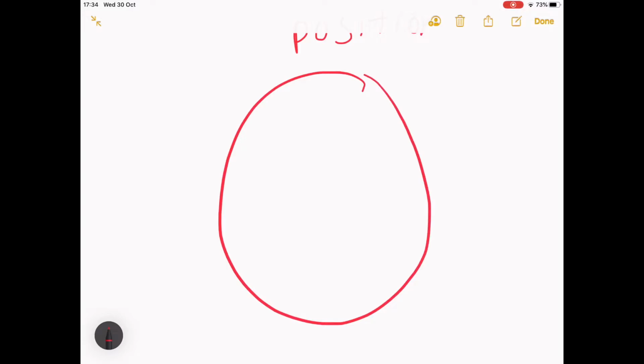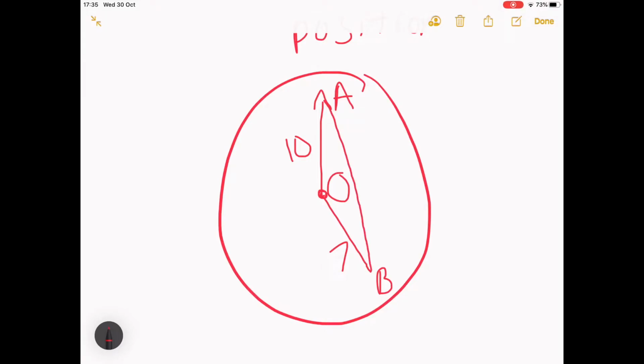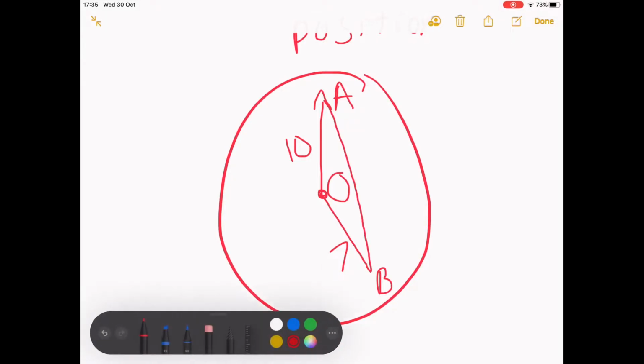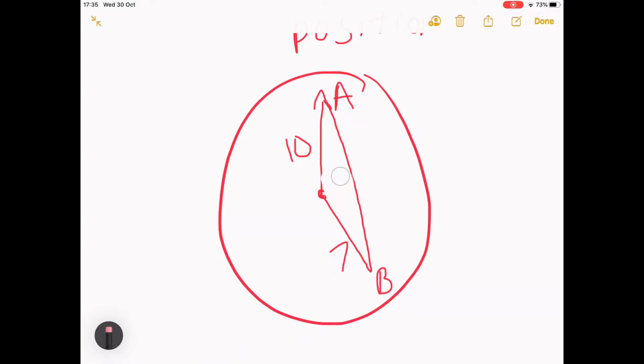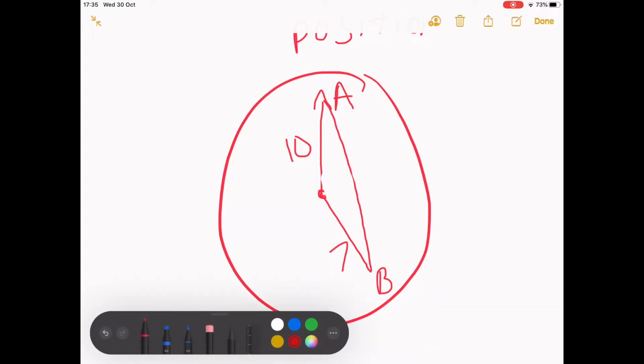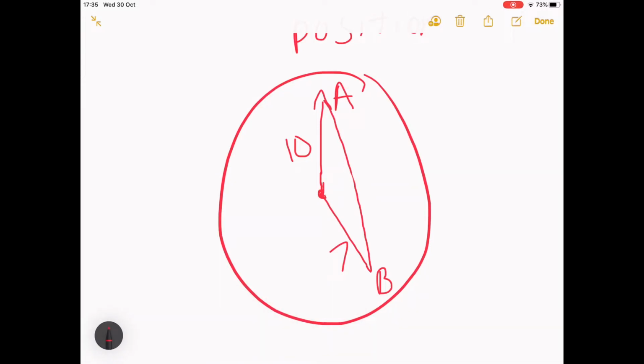Circle with our center, which is O, and then we have A, and then we have B, and then we know the length is 10 here and 7 here, and we want to find the length of A to B. So we can rub out this point, and then we've been given an angle.